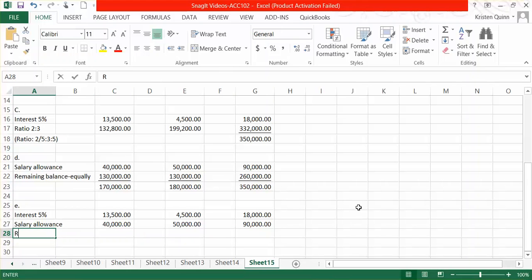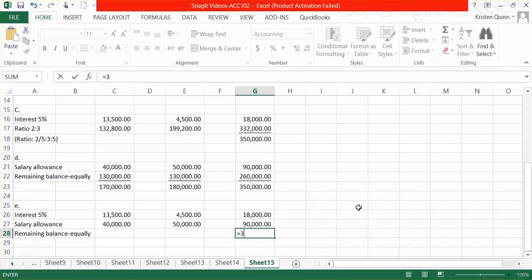The final step says any remaining balance should be distributed equally. We had $350,000 to distribute. We distributed $18,000 by giving them a 5% interest on their capital balance. And we've distributed $90,000 by giving each one a salary allowance.